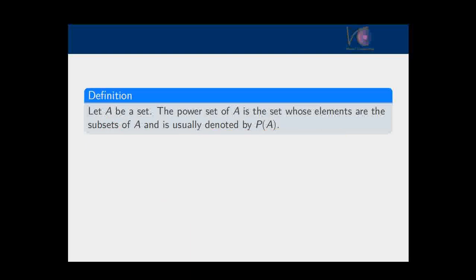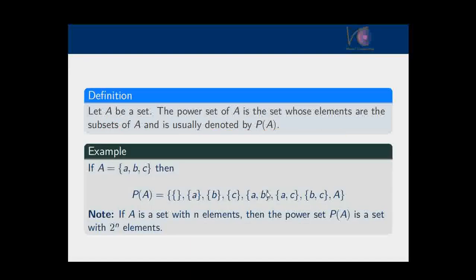So we can look at this example. If A is equal to {a, b, c}, then the power set is going to be the whole of this set. Remember, a power set is the set containing all the subsets of this set. Here we first begin with the empty set. We've already determined why the empty set is a subset of every set.